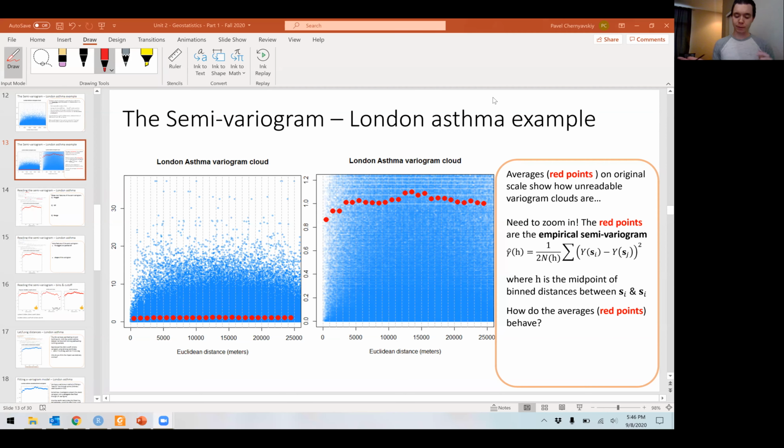Inside each bin, I'm taking the average to produce these red dots, or the classic semi-variogram values. If you look up the variogram formula, it looks just like this, but I want you to recognize here's the half, and then the n on the bottom, and this sum indicates that we're doing an average. There are issues with using an average when we have this many outliers, but this is what is done.